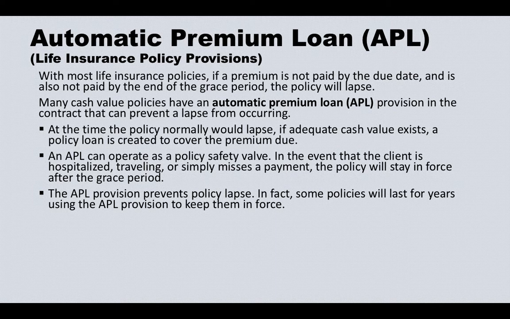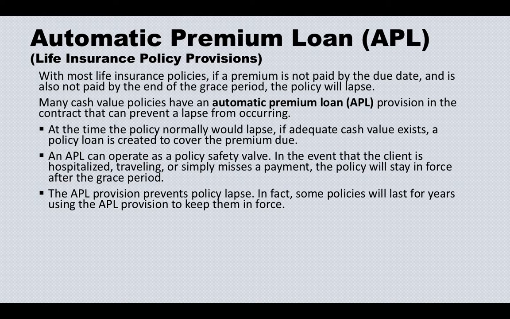In fact, some policies will last for years using the automatic premium loans to keep them in force. If you have a whole life insurance policy for 10 years, 15 years, then somehow life gets busy, you forget to pay it, you have a huge amount of cash value.